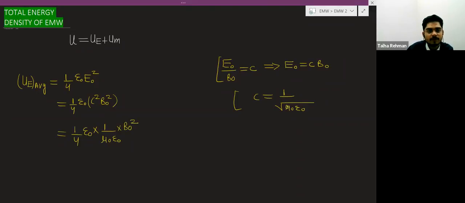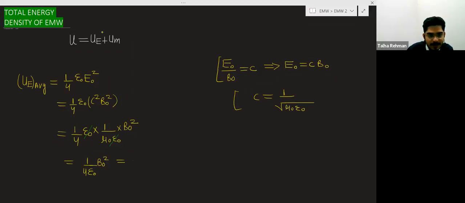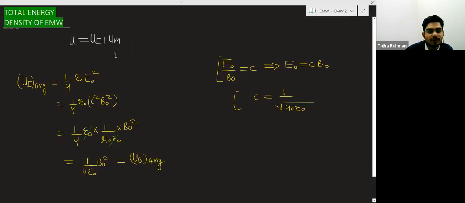Now see which term is cancelling out. This epsilon naught is cancelling out with epsilon naught. So basically, you are getting half, 1 by 4 of B naught square upon mu naught. What is this? This is the average value of the energy density of magnetic field. So both are equal.